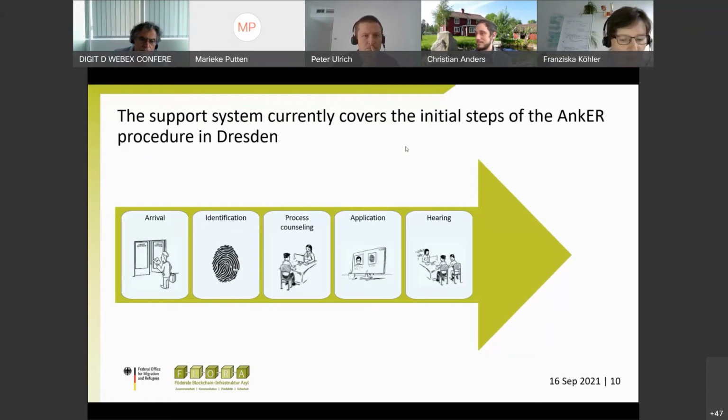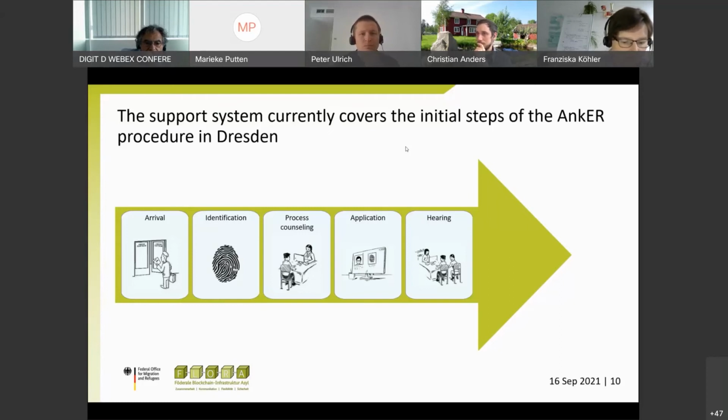The second step is identity verification, which also covers the registration and a health check. The third step is offered advice on the procedure and consultation, and the next steps are application and a personal interview.